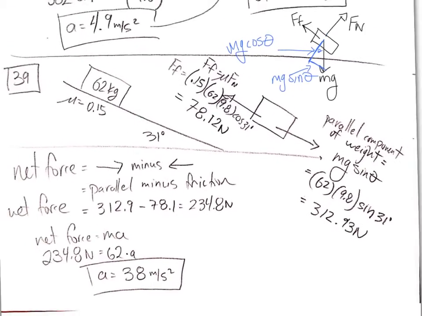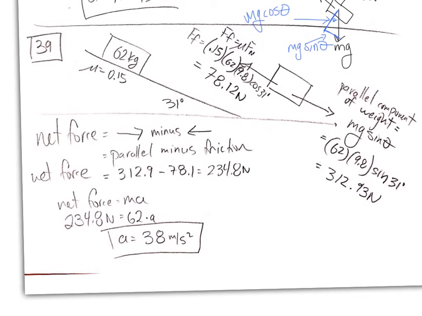So the net force is the force down the hill minus the force up the hill, meaning the parallel component of weight minus friction, and plugging in gives us this. Net force is the F in F equals ma. These are different.